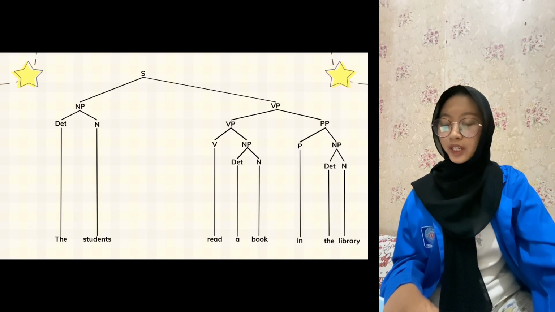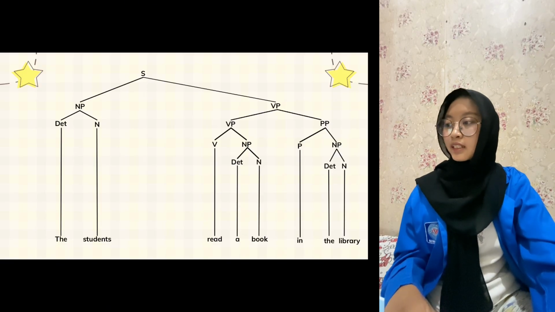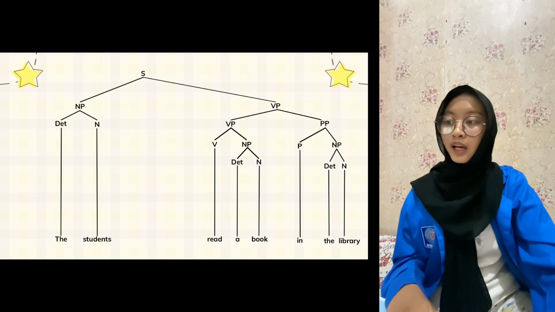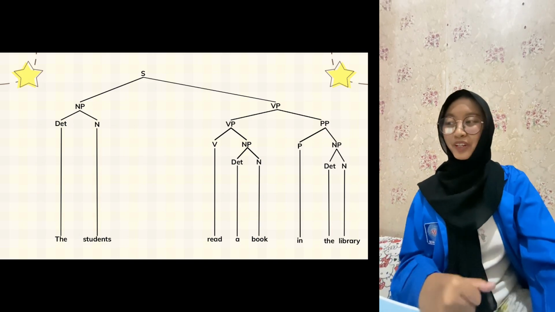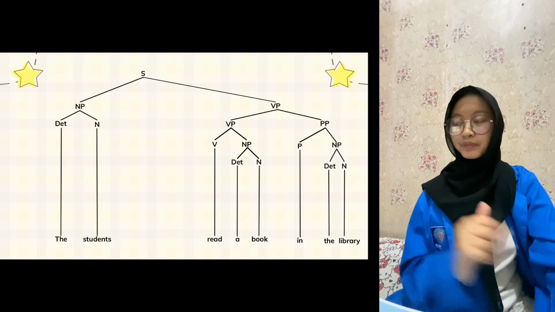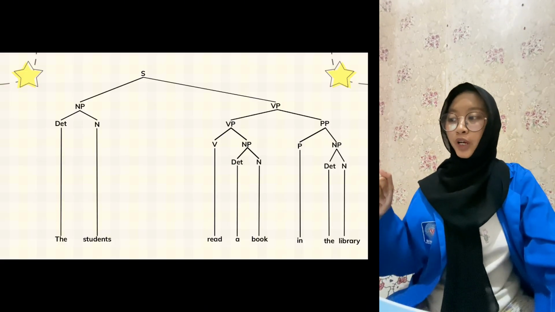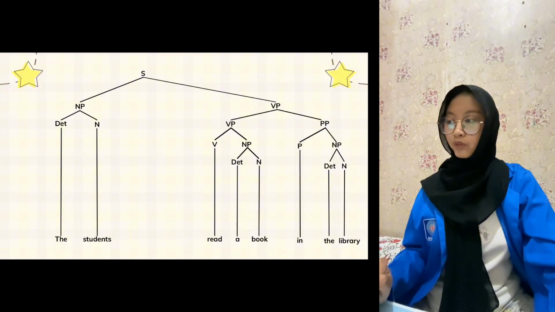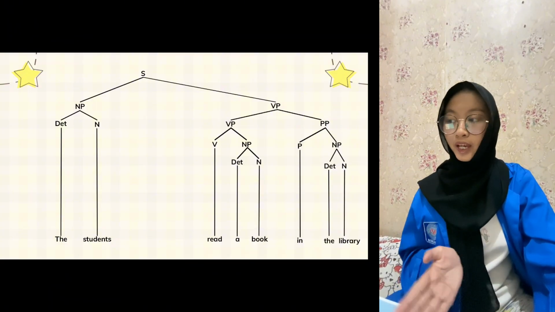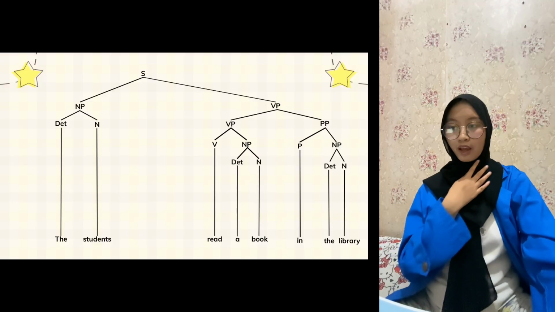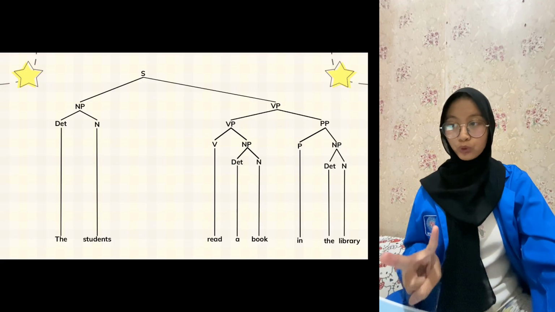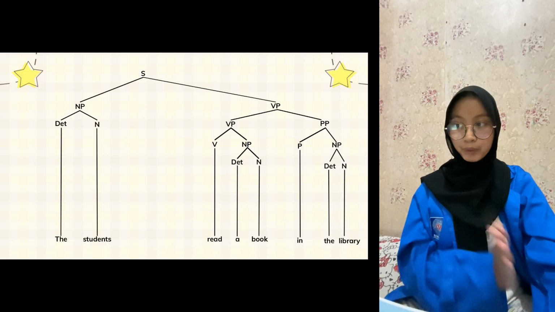The next example is the sentence, the students read a book in the library. Again, we divided it into two parts, NP and VP. Inside the NP we have determiner as the word the, and noun as the word students. For the VP section, we divided it again into two, VP and PP.